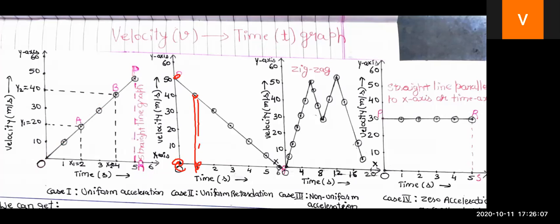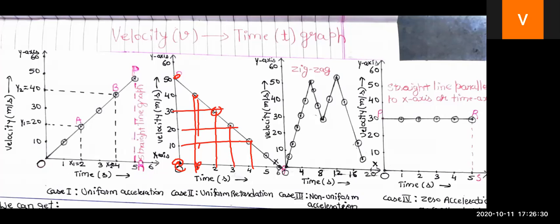After the next second, we are checking its velocity is 30. At the third second, the velocity is 20. At the fourth second, the velocity is 10. Right, children? So here you can see that slowly and steadily there is a decrease in the velocity.